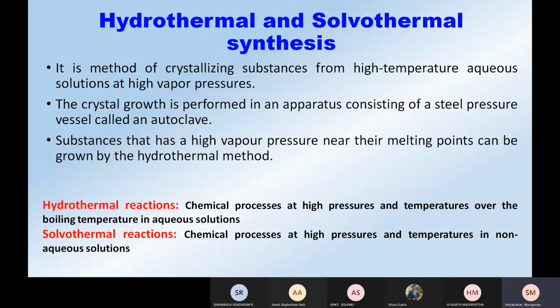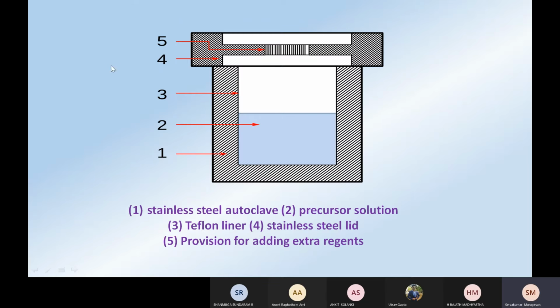And if you use some organic solvent, like THF or toluene, etc., that is called a solvothermal reaction. So this is how the autoclave or the hydrothermal process vessel looks like. You have multiple layers, just like a furnace, how you used to do those metal based castings.